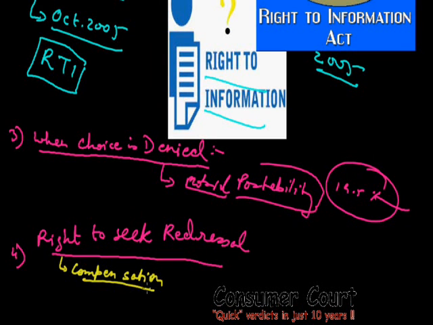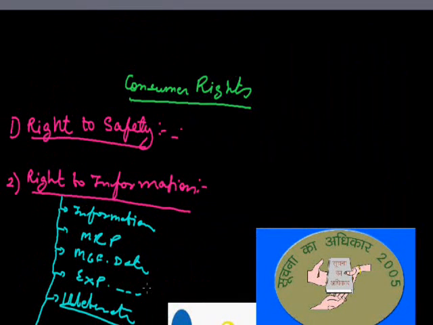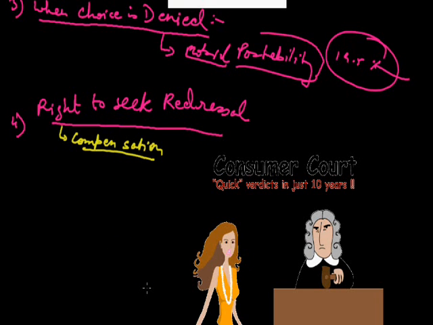If any kind of damage is done to the consumer, as we discussed earlier in the example of right to safety, or an accident, the consumer has the right to get compensation depending on the degree of damage. And this is what he gets by complaining in the consumer court.